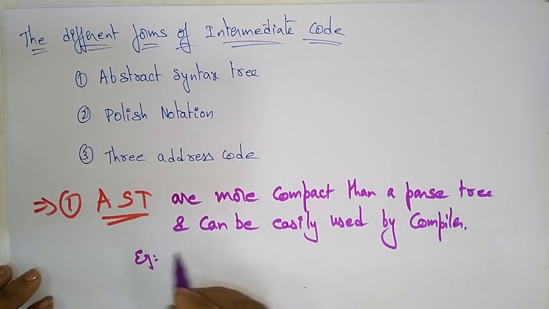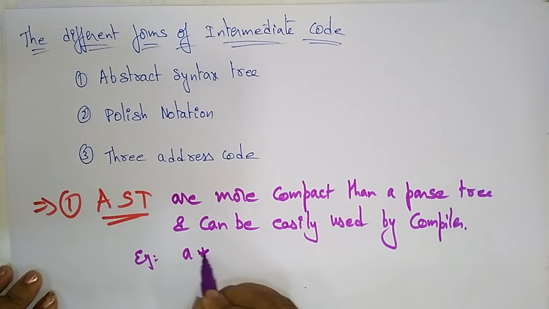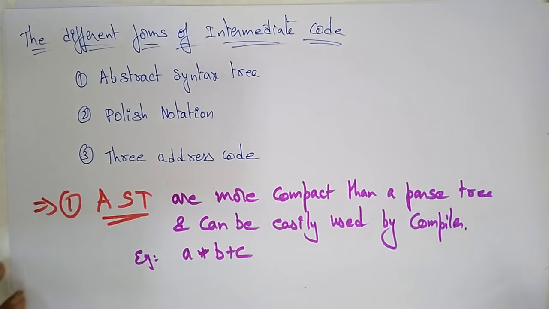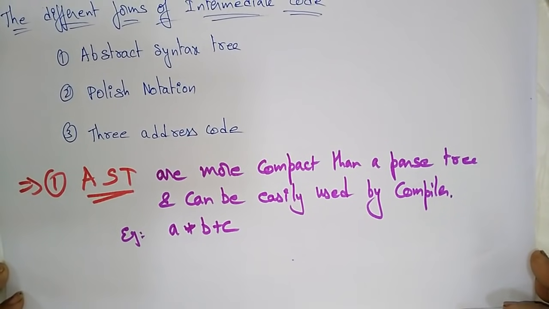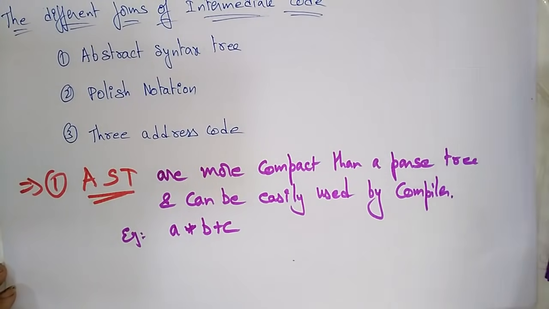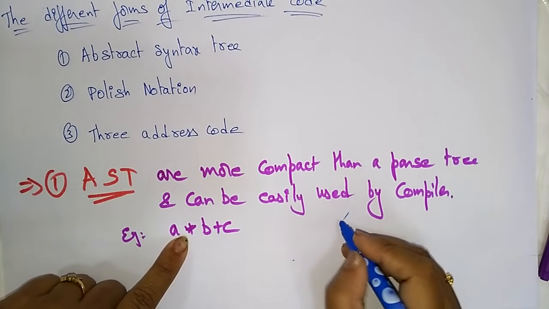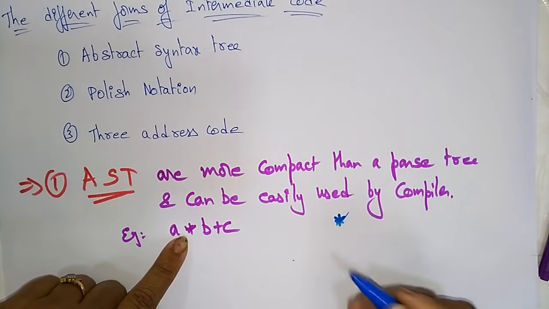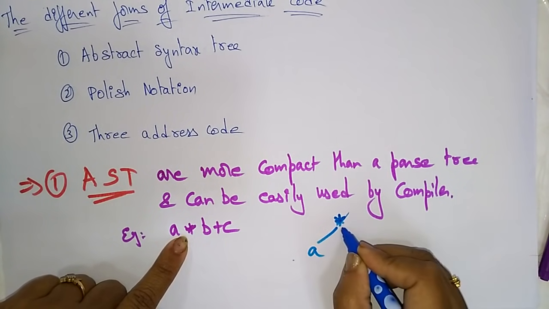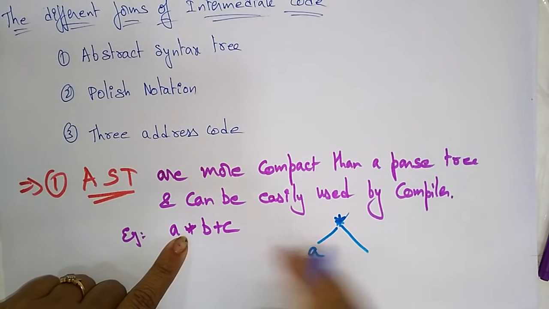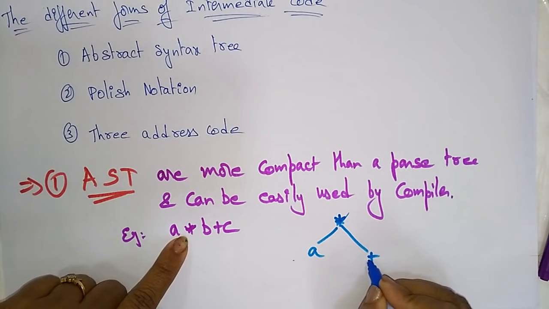The example, let me take A star B plus C. So this is an expression. I'm going to represent this expression with star having the highest precedence. So just take star A, and in the B plus C, the plus is the operator and these are the operands.